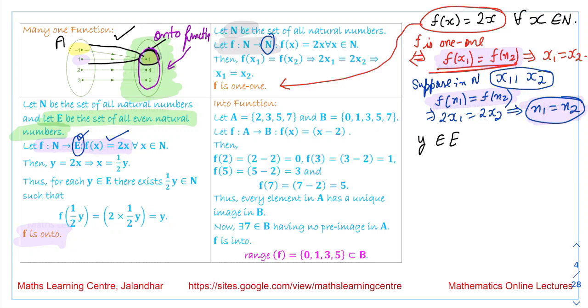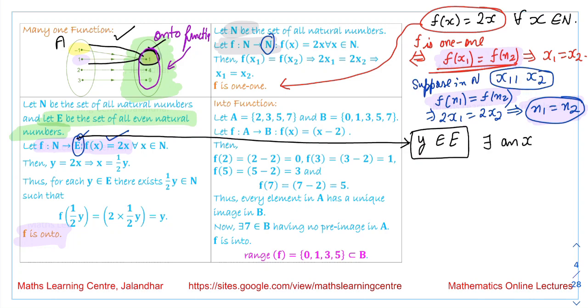For each y which belongs to the codomain, there exists an x equal to y by 2, which belongs to N, such that f of 1 by 2 of y is equal to y.